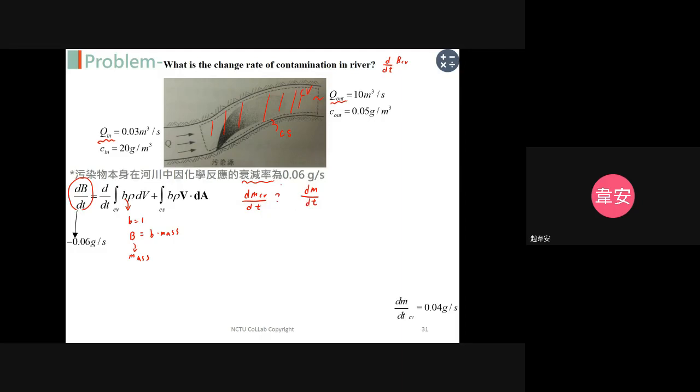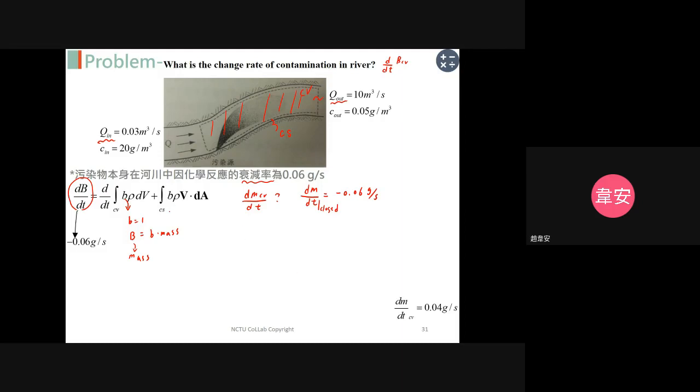This is the change caused by the chemical reaction, and in the closed system it is equal to minus 0.06 g per second.